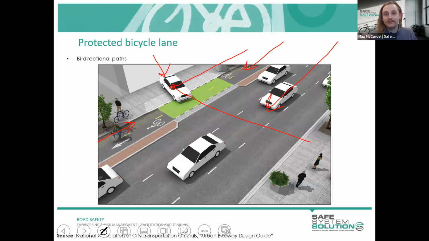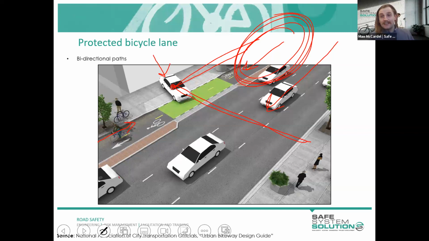That's what you're focused on. So you're looking in that direction, meaning a cyclist that is heading into the screen or to the left there is likely to be sighted. It's likely to be a peripheral thing, but generally they're going to be within the line of vision of a motorist that's exiting that driveway.